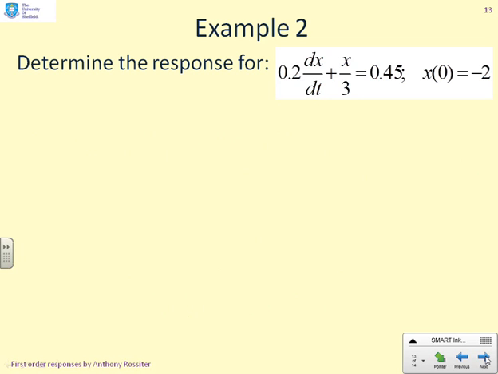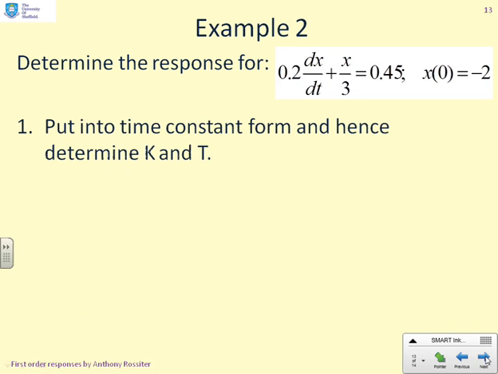Another example. So here we've got 0.2 dx/dt plus x over 3 equals 0.45 and x of 0 equals minus 2. So again, the first thing to do is put the model into time constant form.